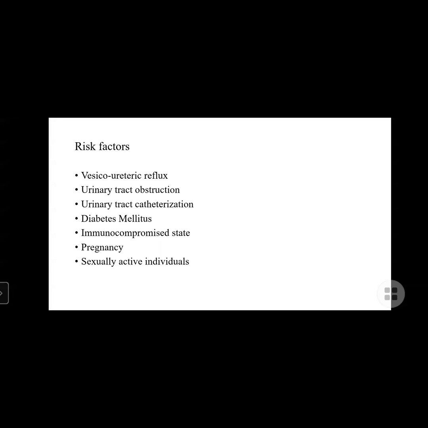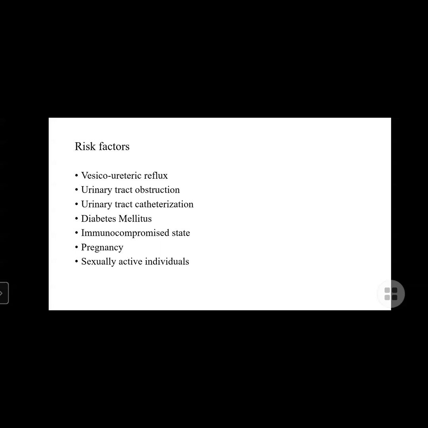And also, if there's any introduction of a foreign body in the body, or specifically in the urinary tract, it acts as a good surface for bacteria to colonize on. And then when this happens, there's an increased risk of acute pyelonephritis occurring if it's able to ascend upwards and involve the renal parenchyma.